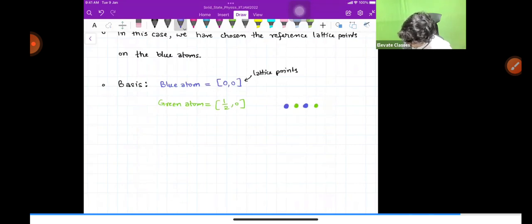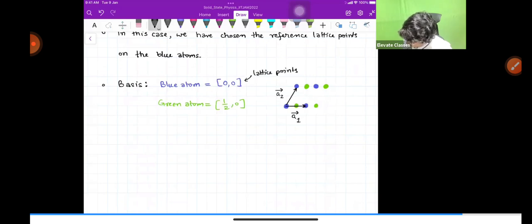So let's say this was the part of the structure. Okay, now we had the basis vectors like this. These are the basis vectors we had, and this was a2, this is a1.